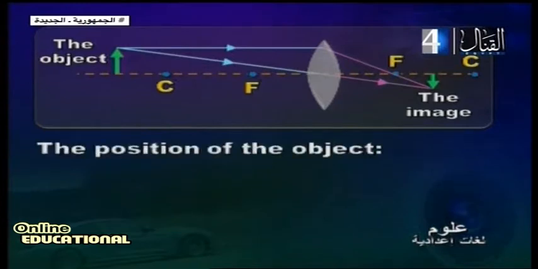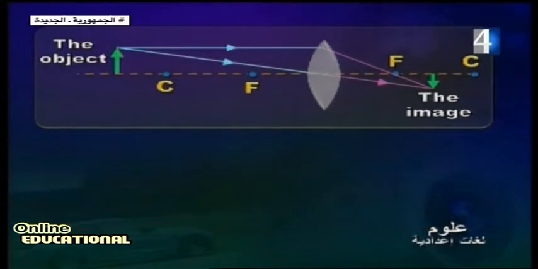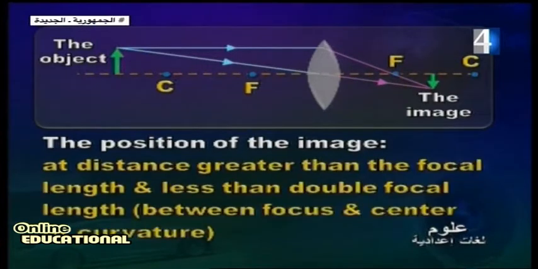Okay, so the position of the object is at a distance greater than the radius of curvature. Okay, what about the position of the image? You can see clearly here the position of the image is between the center of curvature and the focus, or at a distance more than the focal length and less than the center of curvature.